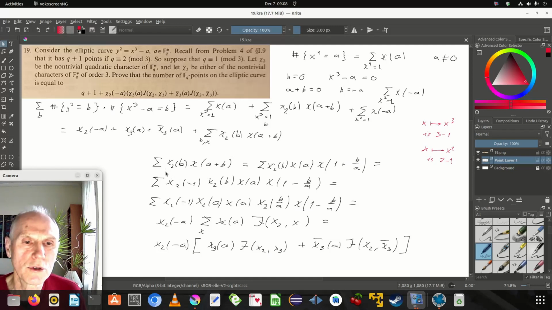When we choose the trivial one of order 2, the trivial character here, then when this is non-trivial, the sum will always vanish when it's non-trivial.